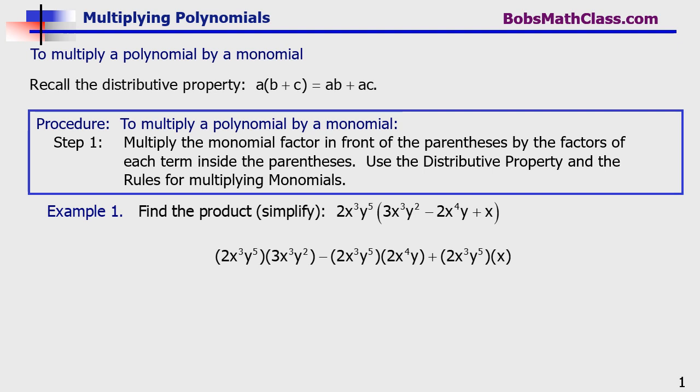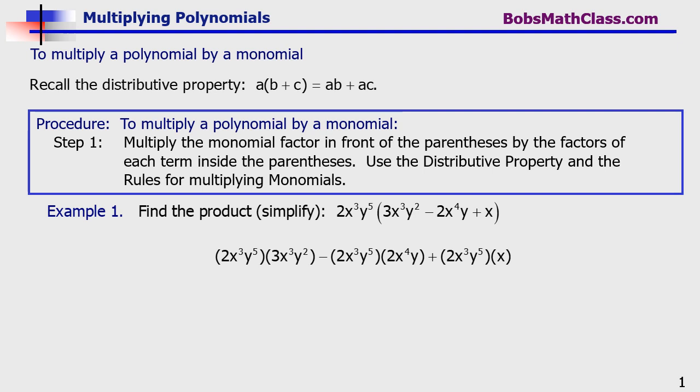Notice that I kept the sign in front of the second term, the minus. Okay, so the first one is going to be a positive because they're both positive. The coefficients are both positive. So 2x to the third y to the fifth times 3x cubed y squared. Multiply the 2 and 3, that'll give you 6. And then when you multiply, you add the exponents.